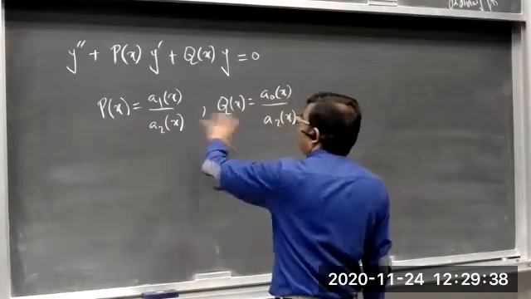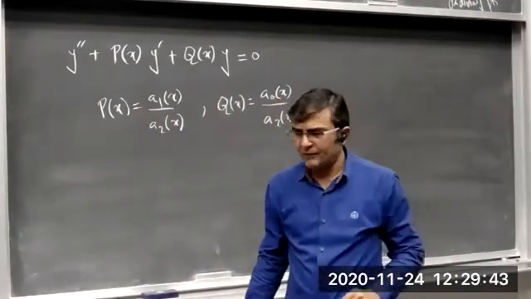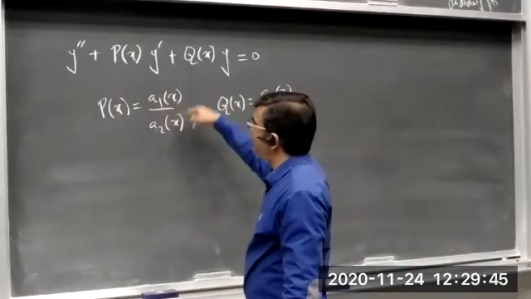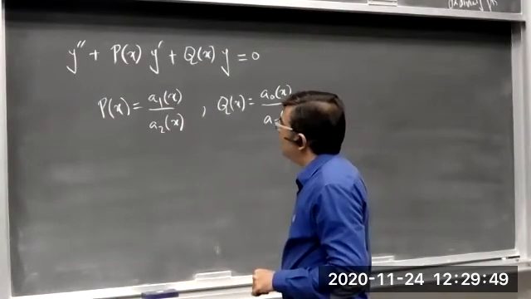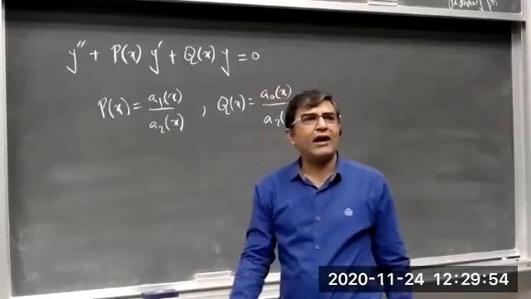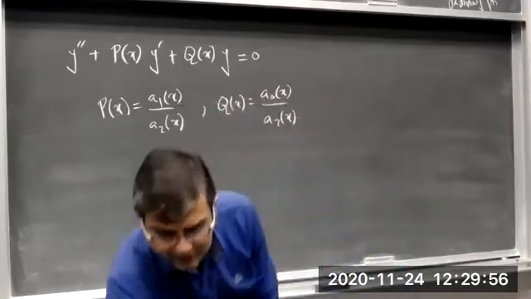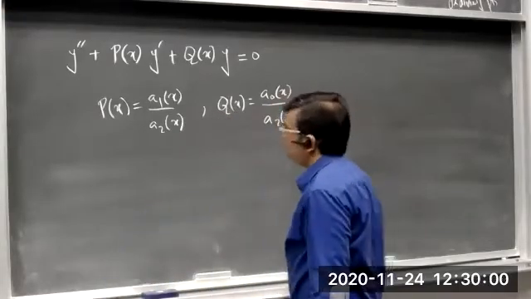the points where p of x and q of x are not continuous, because these are fractional functions. If the denominator of p of x is equal to 0 at some point, then that point is called a singular point.